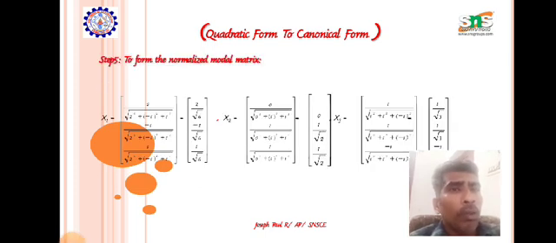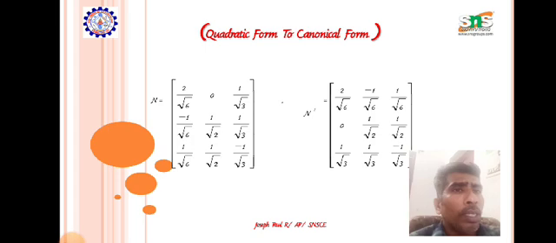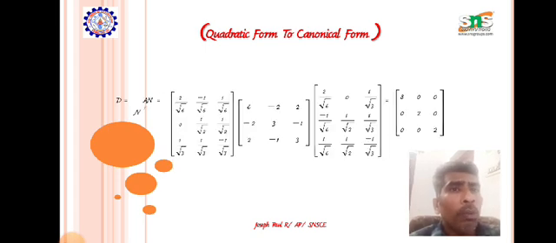Now we normalize the matrix x1, x2, x3 and find the transpose of the normalized matrix. Now we convert into a diagonal matrix.